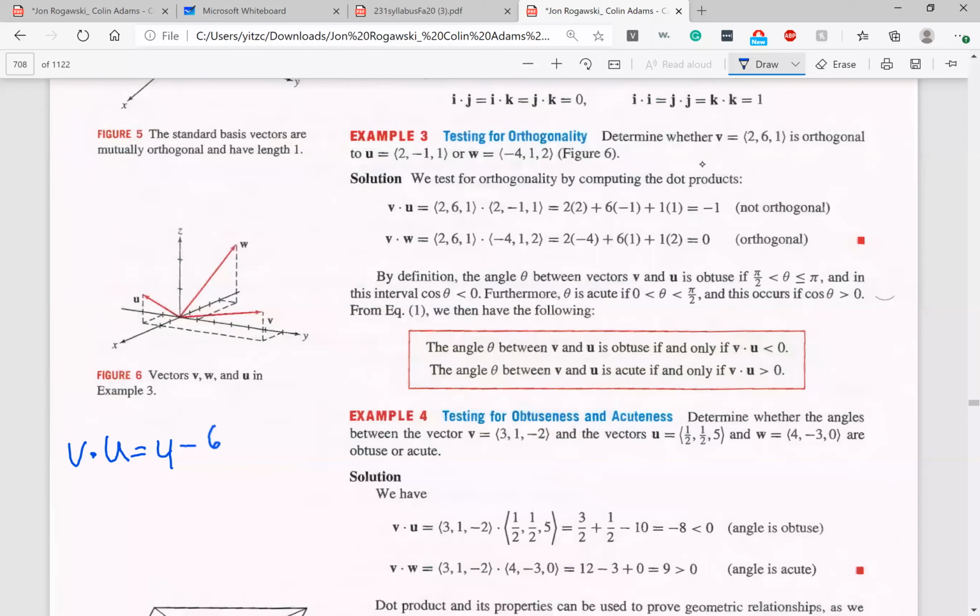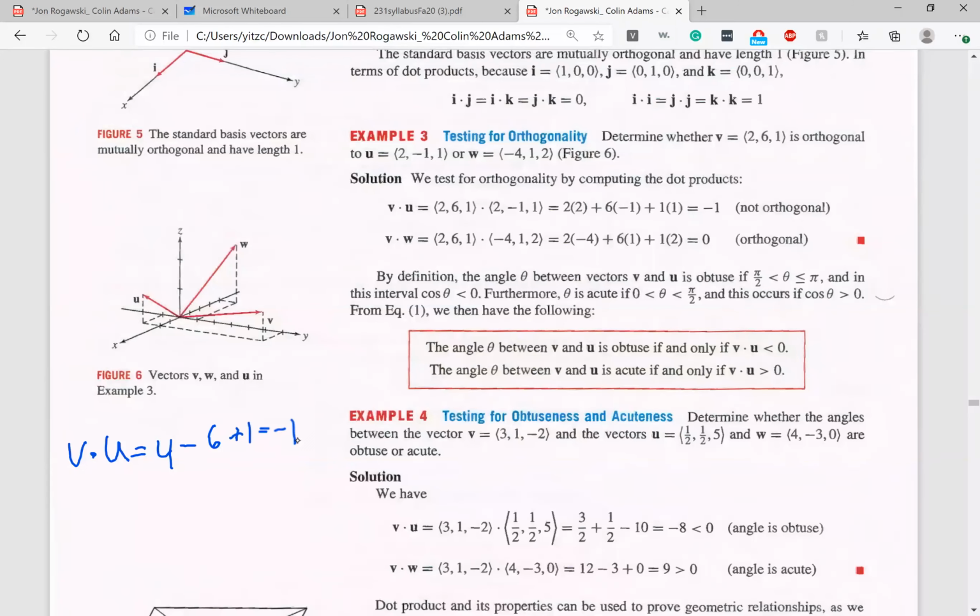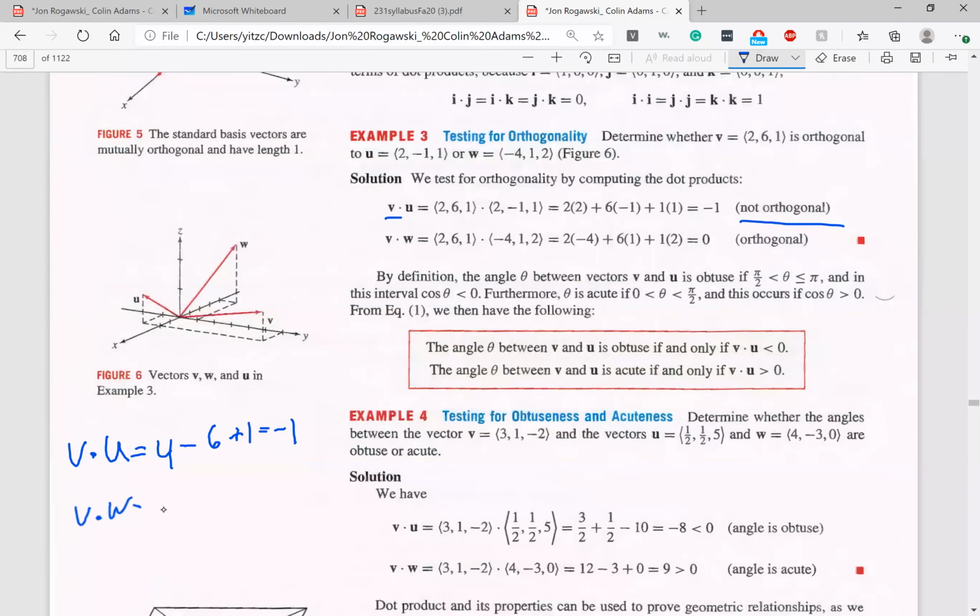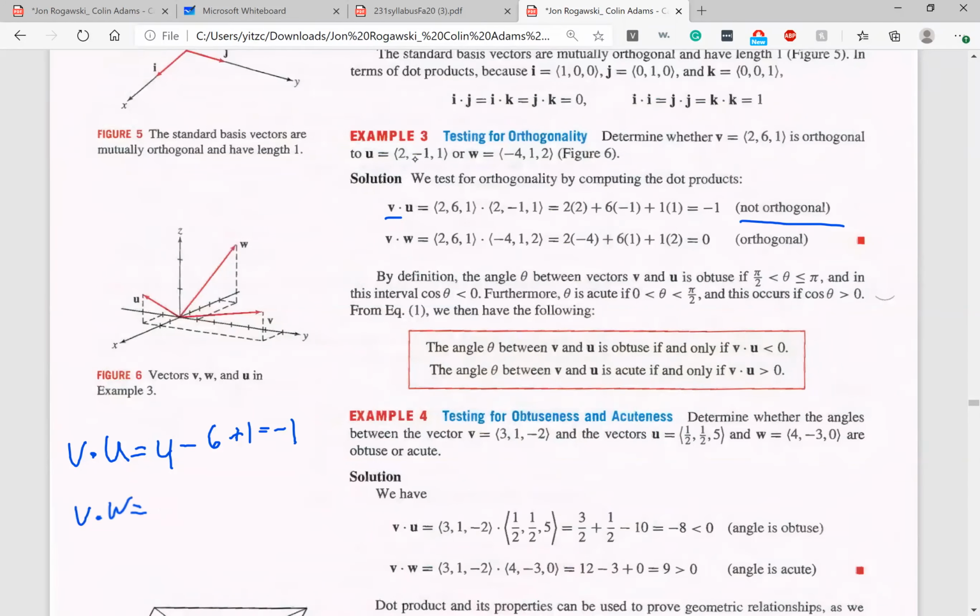And then 1 times 1, so it's plus 1. So this gives us negative 1, so they are not orthogonal. And then V dotted with W. That's going to be 2 times negative 4, which is going to be negative 8. And then it's going to be negative 1 times 1, so it's going to be minus 1.